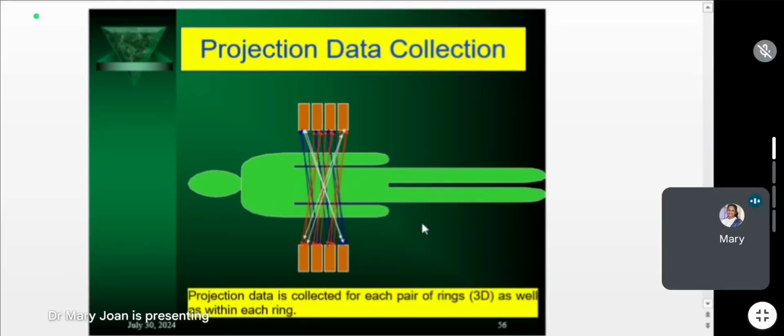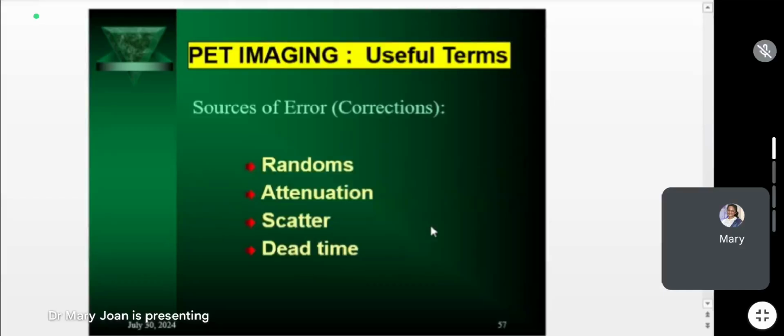So here you can see different color lines. The projection data is collected for each pair of rings as well as within each ring. There can be random detections, there can be attenuation, there can be scatter, and there can be dead time.